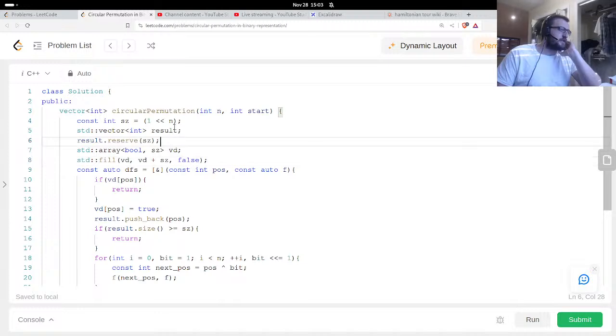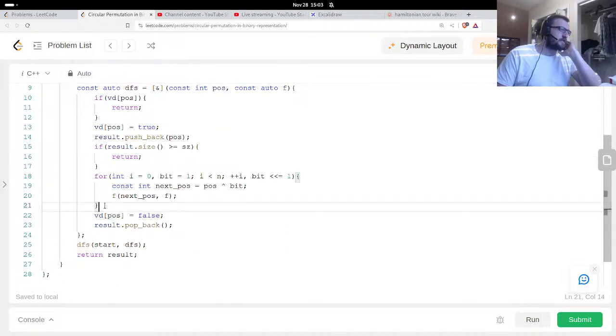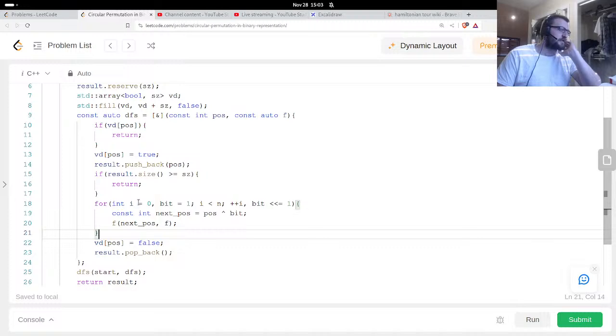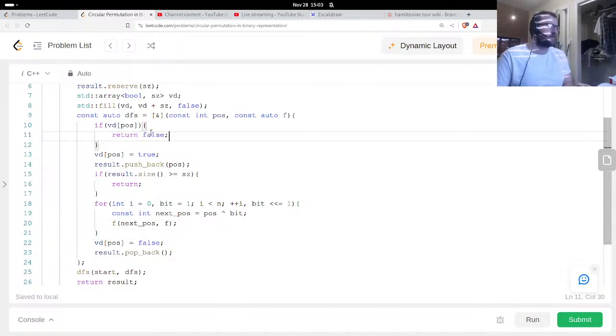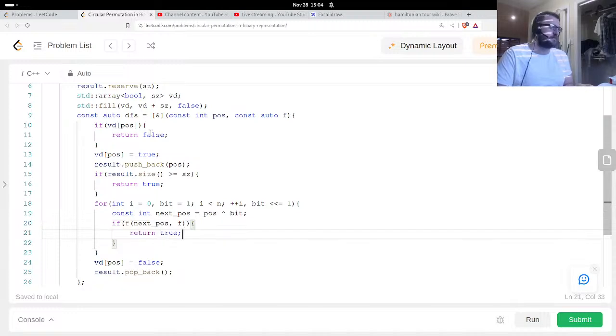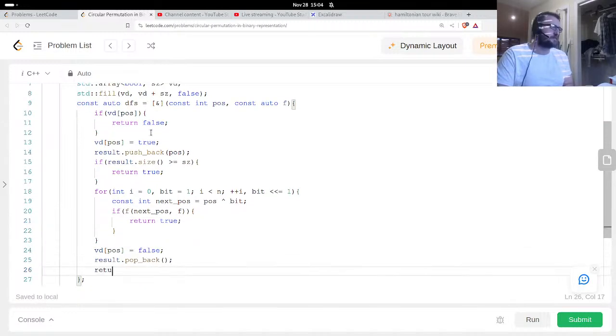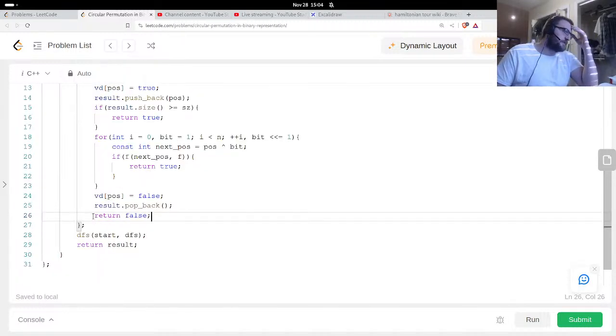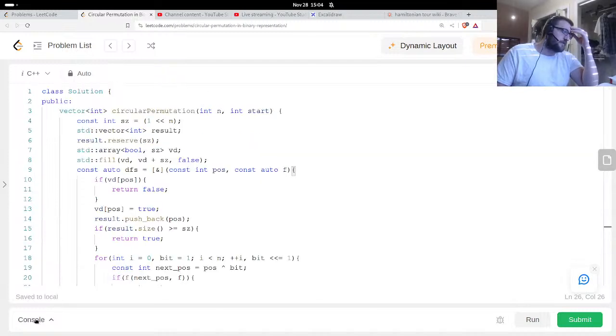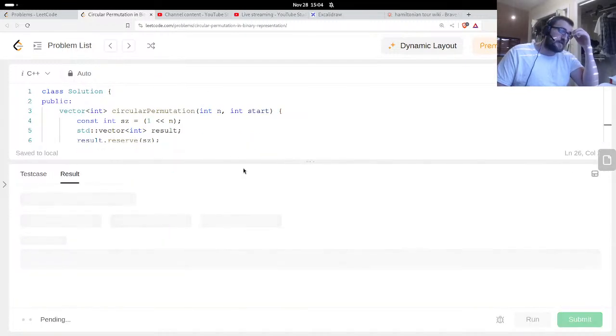Something like this. And at the end of this, I should terminate early. So return false, return true. Just say if this is true, return true. And at the end of it, return false. That'll allow me to terminate early. That's kind of what I was looking for before. Something like this, I think, does the trick.